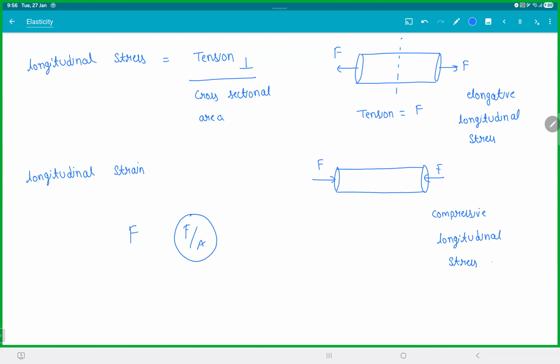We call it stress. Instead of using elongation, we use elongation per unit length. You're getting it? Studying per unit length will give you a better idea than studying the whole thing. So longitudinal strain is given by delta L by L. So delta L is the change in length from natural length.